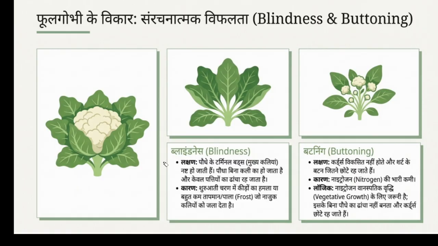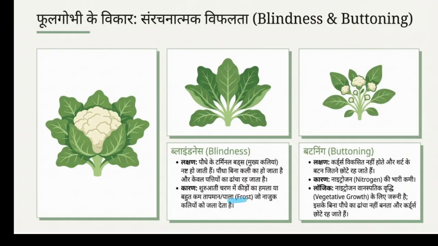If we look at it from the perspective of plant anatomy, the name is quite fitting. In blindness, the plant's terminal buds, the main buds from which growth is to happen, are themselves destroyed. So if there is no bud, how will any curd or flower form? Exactly. The plant just becomes a framework of leaves.